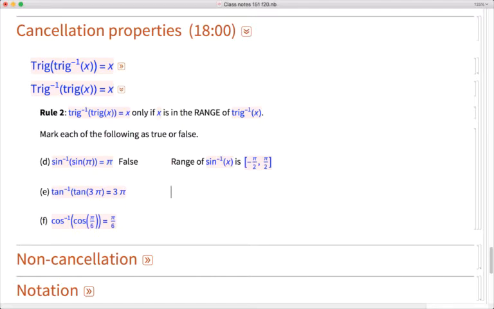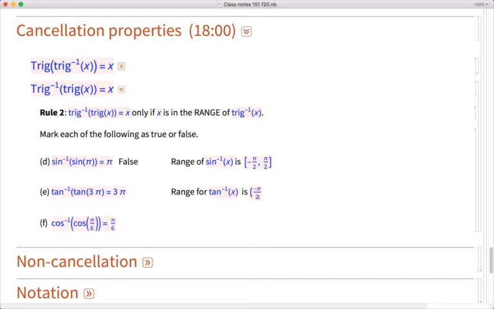Okay. Range for inverse tan is, it's a small detail, but I would like you to get it right. This is the open interval. So this one is false as well.